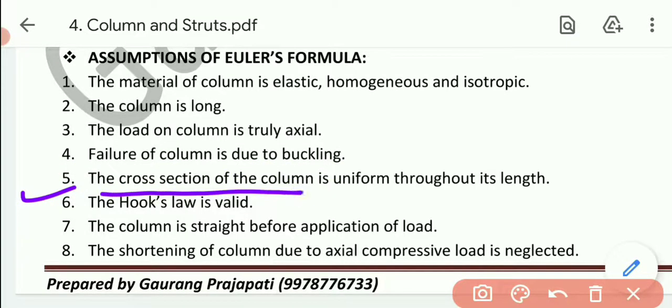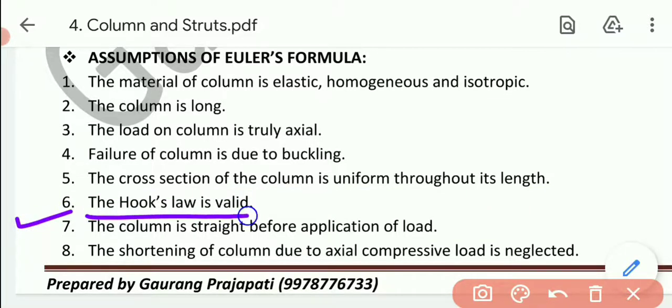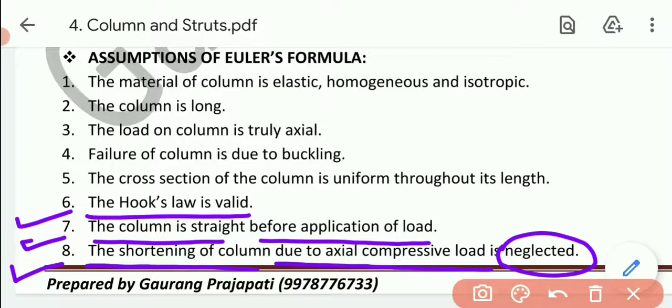Fifth, the cross section of the column is uniform throughout its length. Sixth, Hooke's law is valid. Next, the column is straight before the application of the load. Last, the shortening of the column due to axial compressive load is neglected. So these are the assumptions used in Euler's formula.